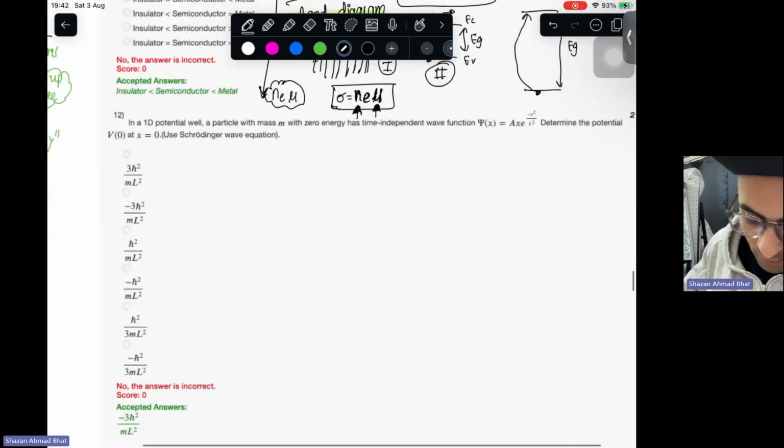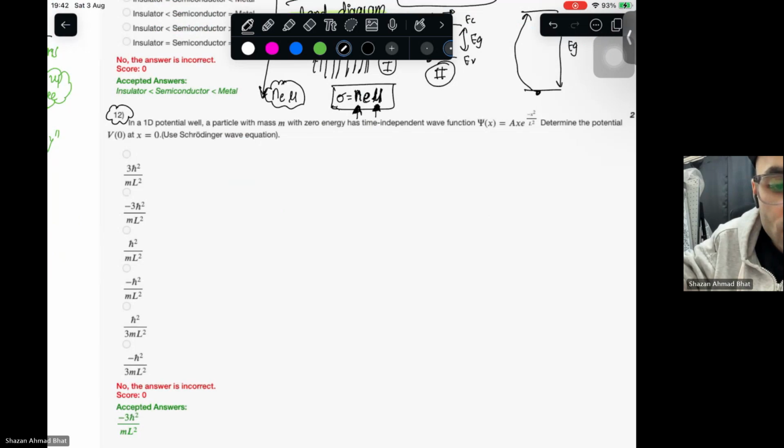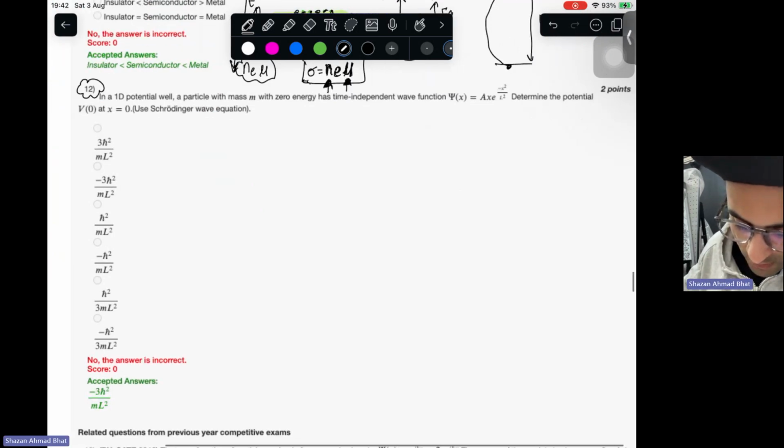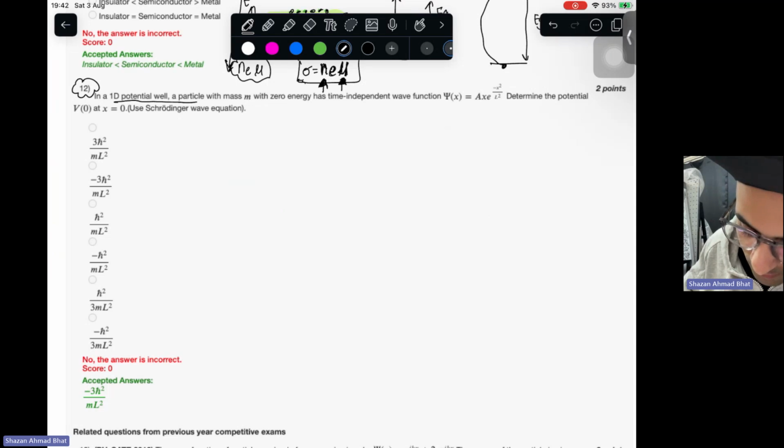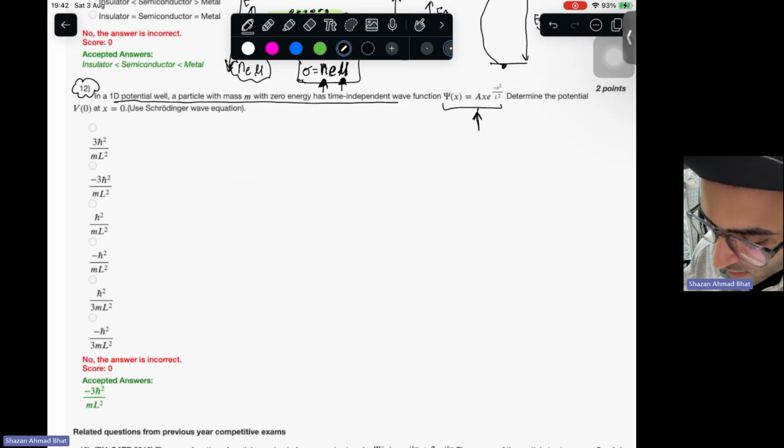Okay. Now question 12. Question 12 says that in a 1D potential well, a particle with zero energy has a time independent wave function. Let me first clarify that this wave function is actually a e to the power minus x squared divided by L squared, and not the one which is given.